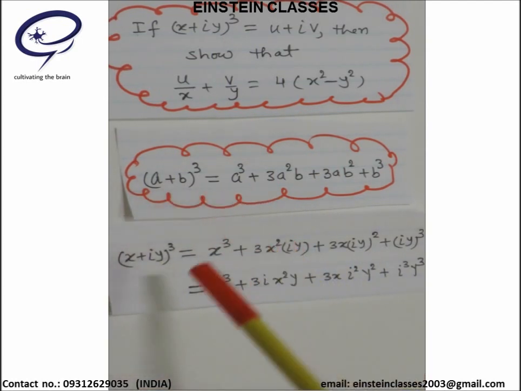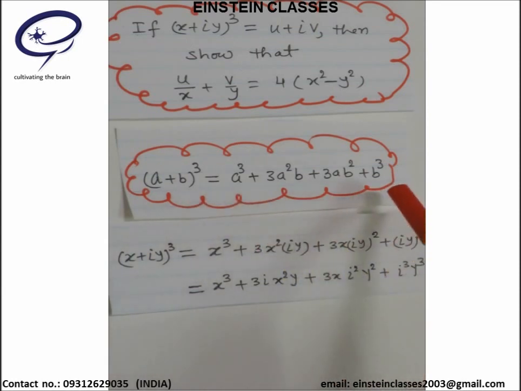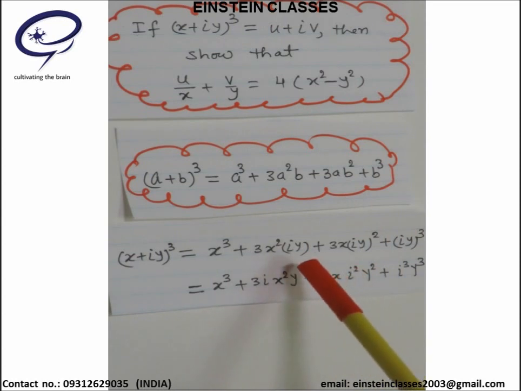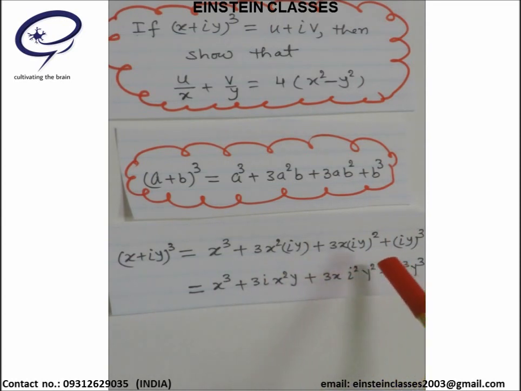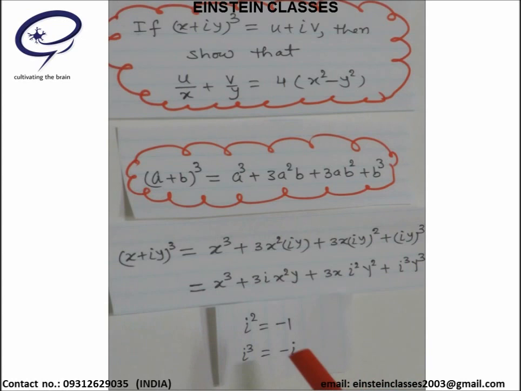With a equal to x and b equal to iy, in this identity you get x^3 + 3x^2(iy) + 3x(iy)^2 + (iy)^3. Now x^3 will be written as it is, plus 3ix^2 y plus 3x i^2 y^2 plus i^3 y^3. i^2 equals -1 and i^3 equals -i. Put i^2 equal to -1 and i^3 equal to -i.